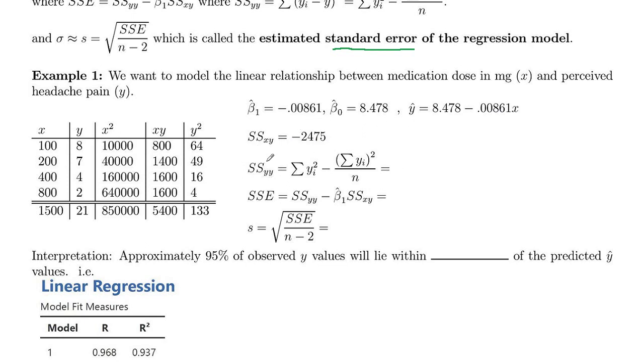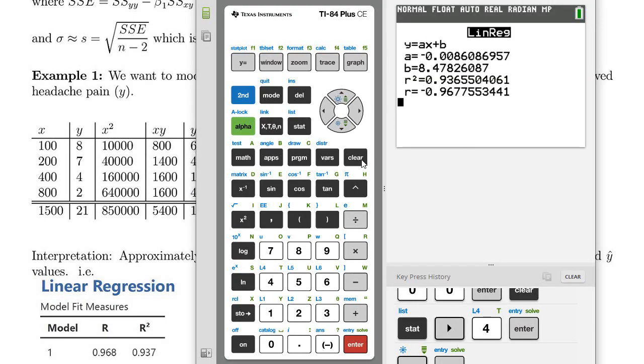We now need to compute sum of squares of yy. The sum of the y squared column is 133, minus the sum of the y column, 21, squared, divided by n, which is 4 ordered pairs. So let's compute that.